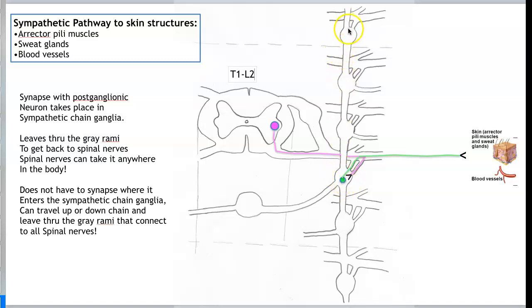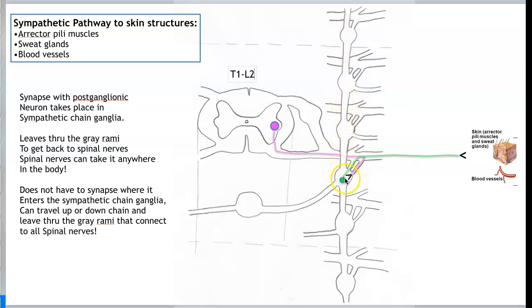So remember, what are ganglia? They're a collection of cell bodies. We have a bunch of second visceral motor neuron cell bodies in these ganglia. These are full of visceral motor neuron cell bodies, our postganglionic neurons.